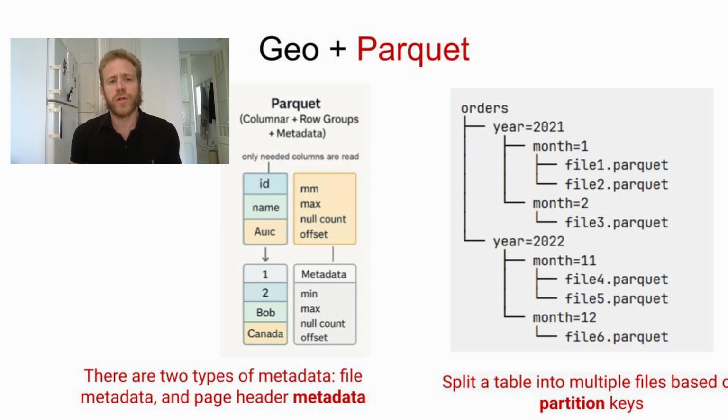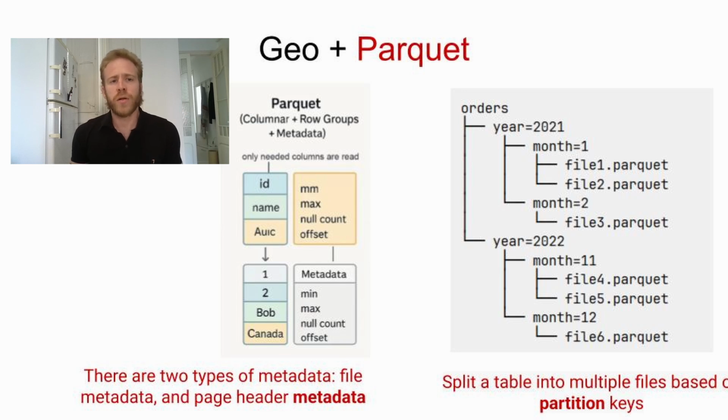Another key feature is partitioning. In big data setups, you can split a large dataset into multiple Parquet files organized by a partition key, such as date or region. Partitioning the data in this way lets query engines skip the entire subsets of data that aren't needed.